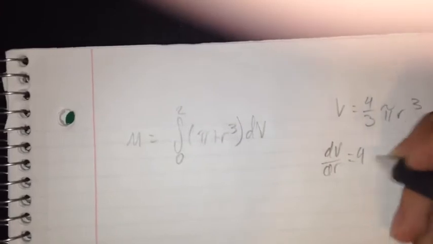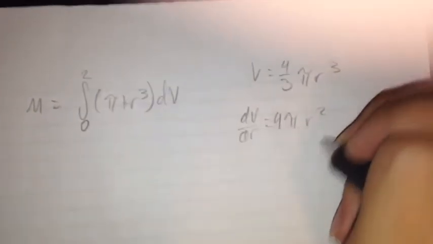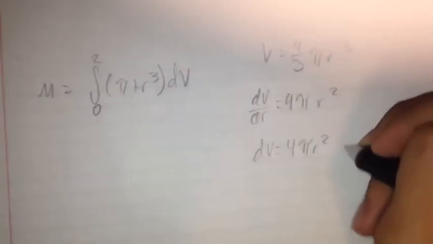So we do dv dr equals 4 pi r squared. Then isolate dv, we get dv equals 4 pi r squared dr. So then we just sub it back into the equation, and we get the integral from 0 to 2 of pi plus r cubed times 4 pi r squared dr. And then we just integrate.